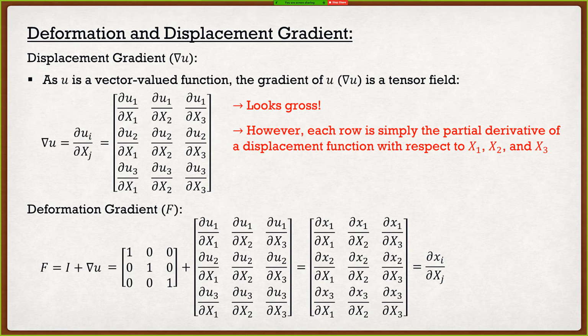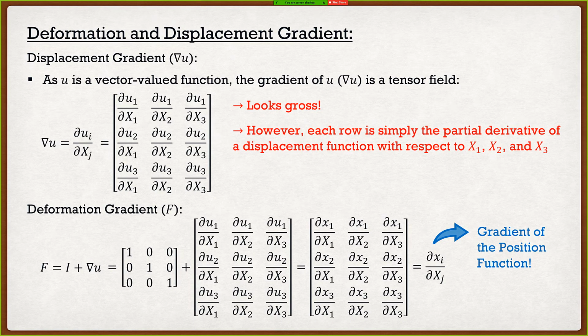So instead of u1, u2, u3, we're actually dealing with x1, x2, x3, or I should be more clear, small x1, small x2, small x3. So in essence, the deformation gradient is the partial derivative of small x_i with respect to big X_j. So it's just the gradient of the position functions. Nice and easy, right? Or at least, hopefully.